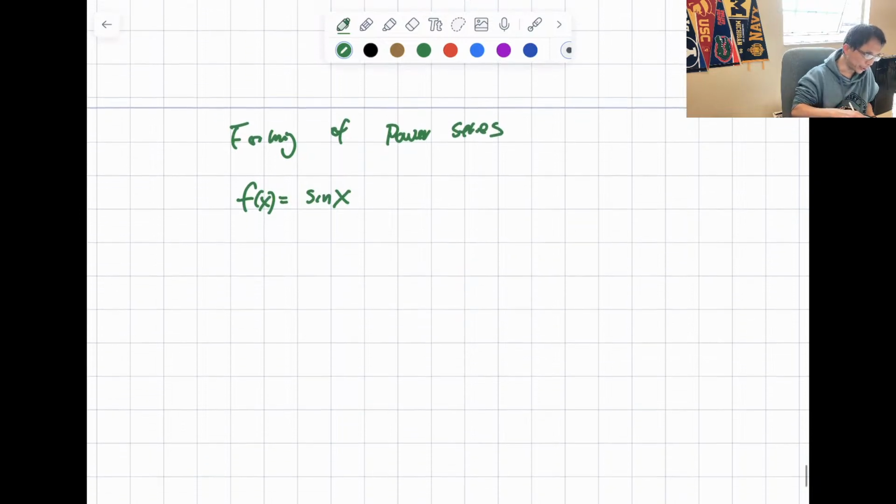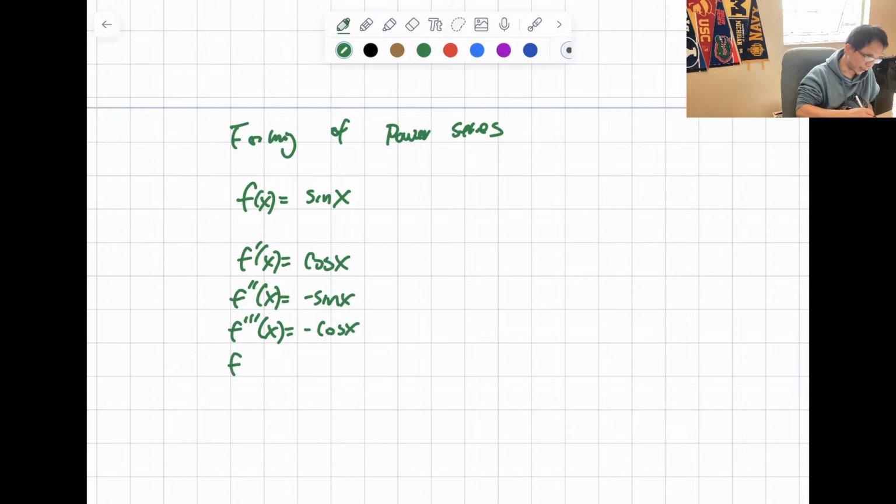Okay, so we're going to take the function and then the first derivative. What is the first derivative? Cosine of x, good. What is the second derivative? The third derivative? What's the fourth derivative? Sine of x. What is the fifth derivative? It's a lot to write down.